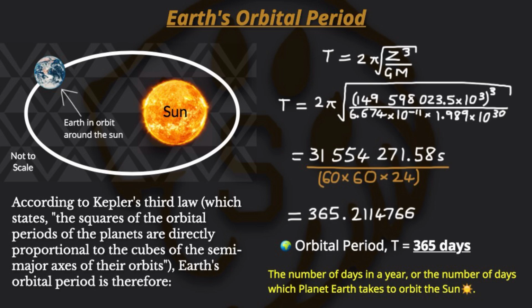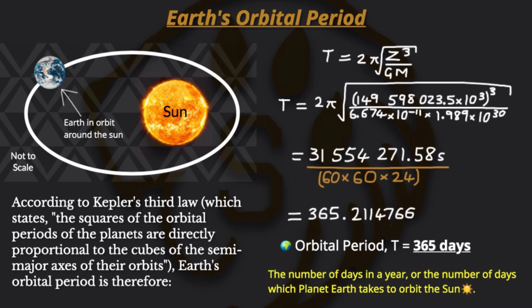So how do we compute it? We first show the formula that we're going to use, which is T equals 2 pi. We use 2 pi because we're dealing with a circular orbit, according to our assumption.